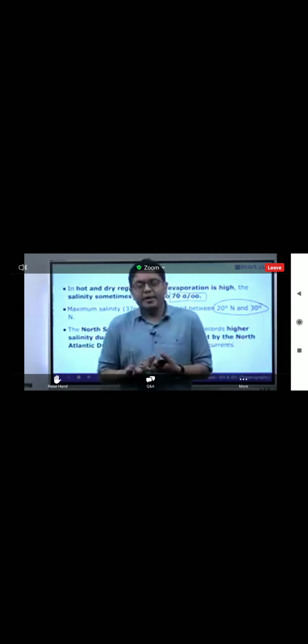The northern hemisphere is predominated by land, and land leads to an increased heating. So due to this increased heating in the tropics, which generally don't have rainfall because of the sinking air, there's lack of precipitation, but the temperature is high. That leads to an increased evaporation. And that is why between 20° north to 30° north, salinity tends to peak, salinity tends to be very high. Okay?